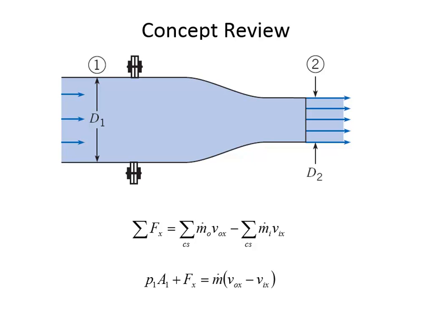In this case, the right side of the control surface includes the jet, but the left side of the control surface is cutting through a pipe that is still pressurized. So here we didn't have to think about the pressure in the area, because the jet doesn't have any pressure. As soon as the water exits the tank and is in contact with the air, it instantly loses its pressure.